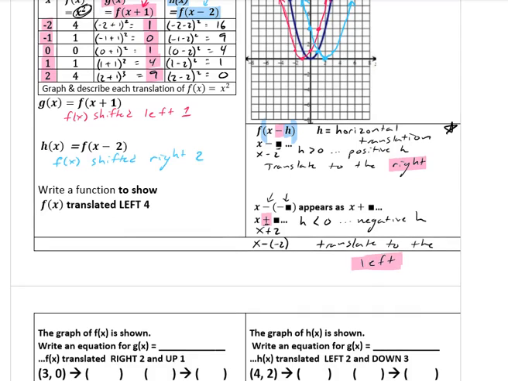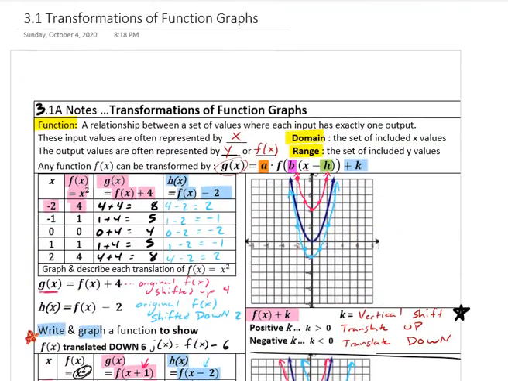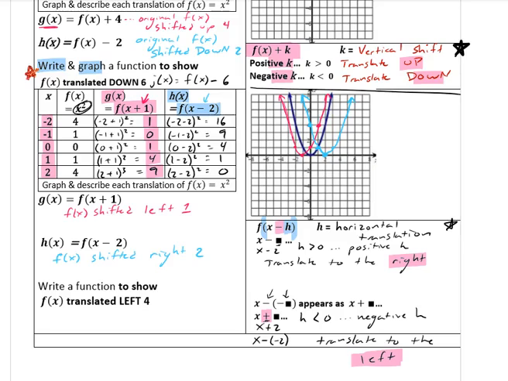Think of just the opposite, but only when it's inside parentheses. Because up here, it was on the outside, and it stayed the same. Positive went to the right or went up, negative went down. So if we want to write a quick function that says translated left 4, you can start by saying, let's just say it was h of x equals f of x minus, and left would mean negative 4, so it would be negative 4. So it's actually f of x plus 4.